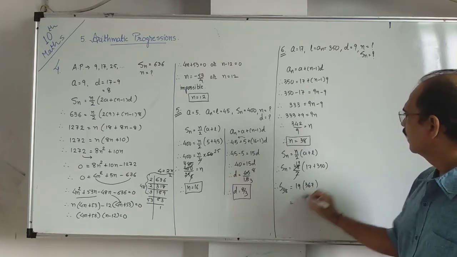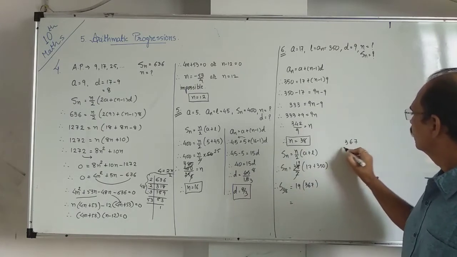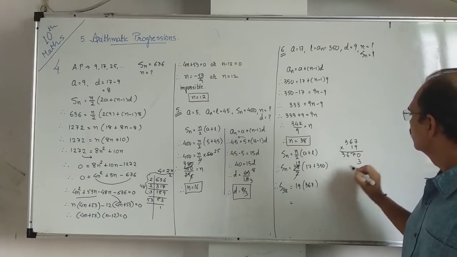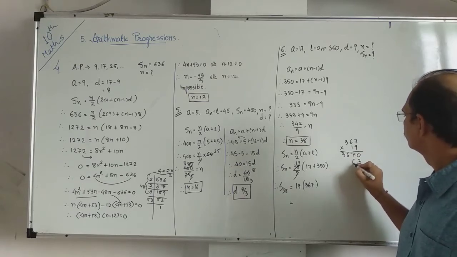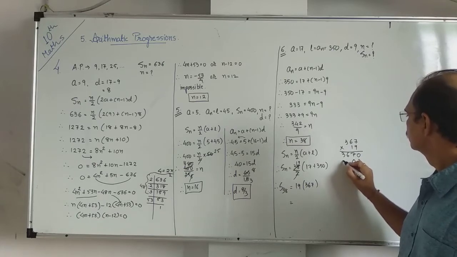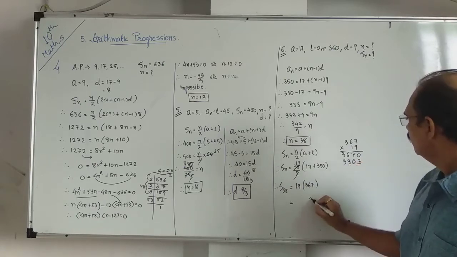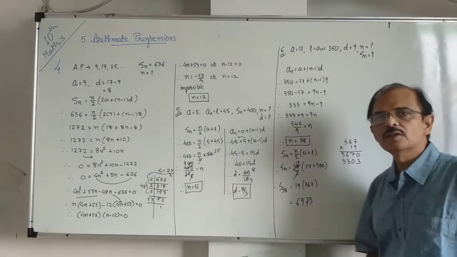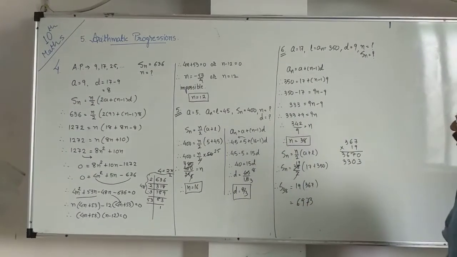And then multiplied: 367 multiplied by 19, that is 3670. Total will be 6973. Sorry. Is it okay?